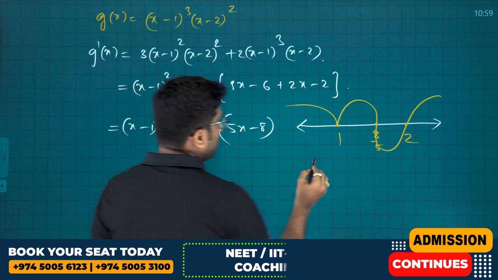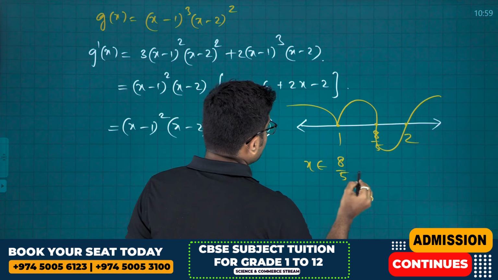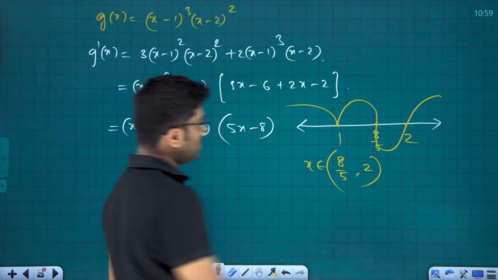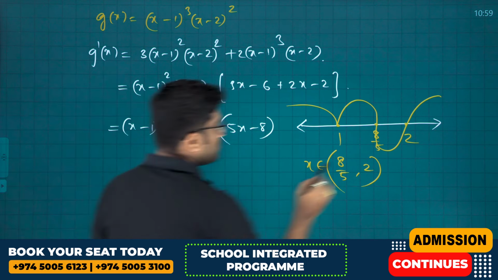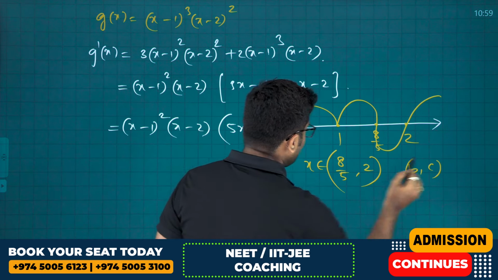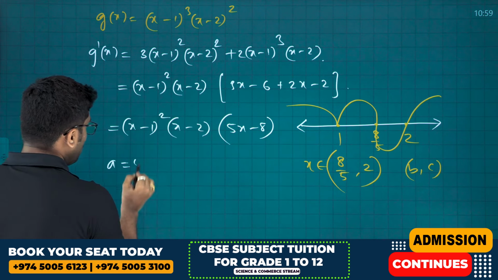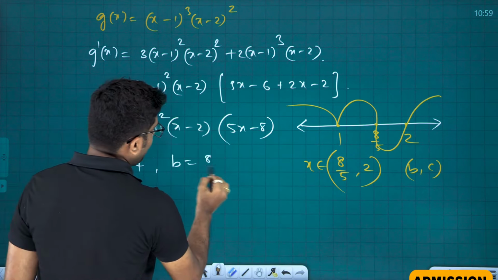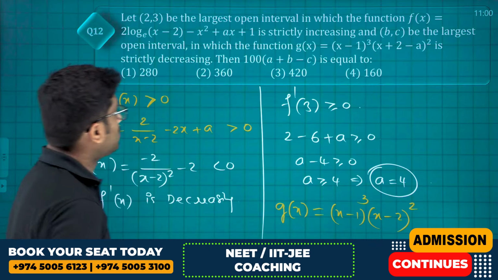Now clearly this function will be decreasing only for x belongs to 8 by 5 comma 2, friends. That means they have given that this function is decreasing in b comma c. So finally we have got all the values: a is 4, b is 8 by 5 and c is 2. Now what are they asking us to find?